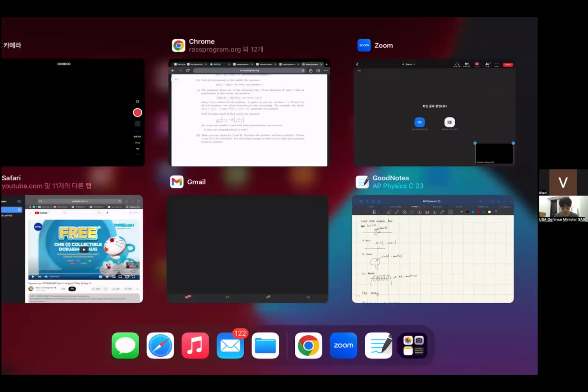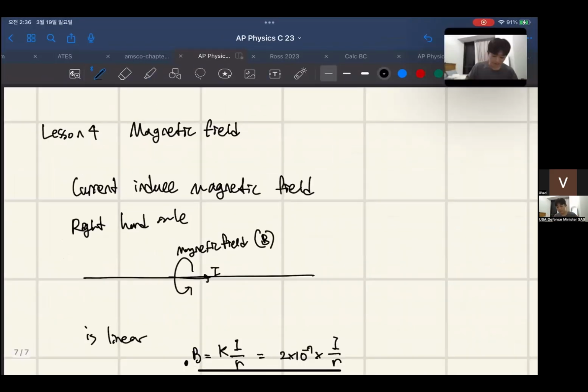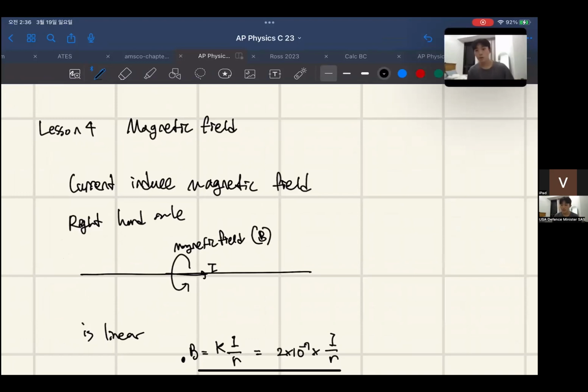So anyways, lesson 4, magnetic field. It's all about magnetic field. I've already talked about electric field and how electrostatics work. Now I'm going to talk about magnetic. However, it doesn't mean that I'm literally going to talk about magnets.